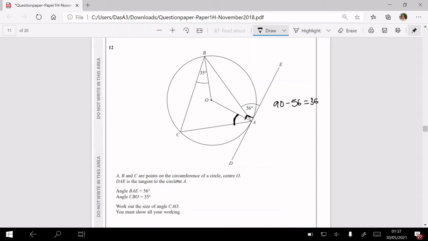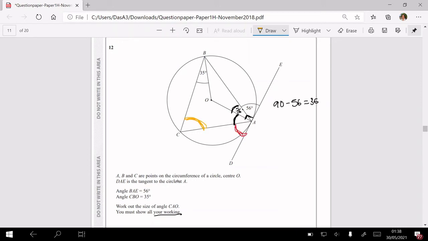Normally I would give a reasoning, but for work out the size of angle, you must show all your working out. It doesn't really ask for reasoning. So you don't really need to say I'm using the rule that when radius meets tangent, it gives you 90 degrees. You can just show the working out. So that means this is 36 degrees.